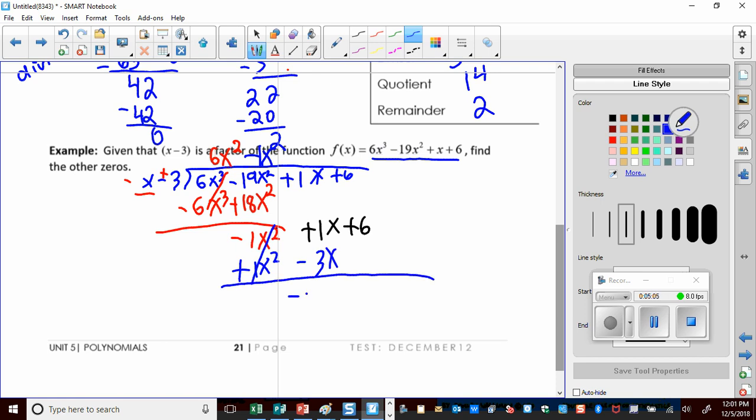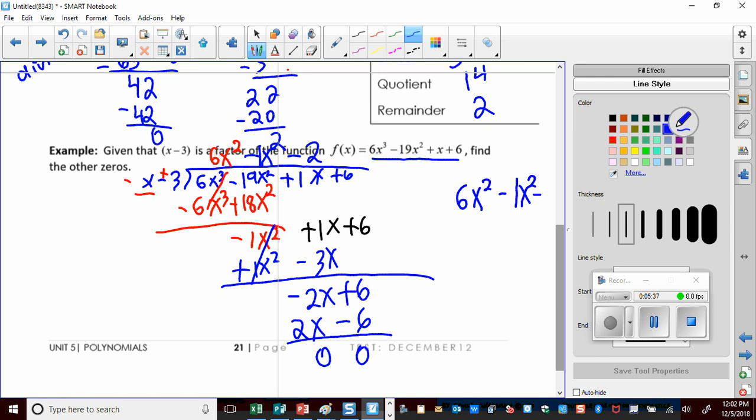End up with negative 2x plus 6. And then divide by x again. Get negative 2. And negative 2 times x is 2x. Negative 2 times negative 3 is negative 6. And I get 0 and 0. So this is a perfect result here. So the answer is 6x squared minus 1x minus 2.